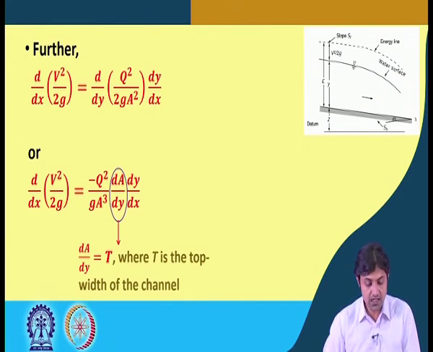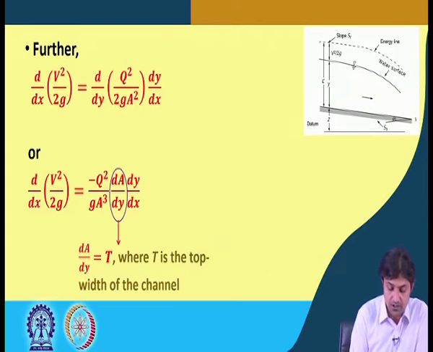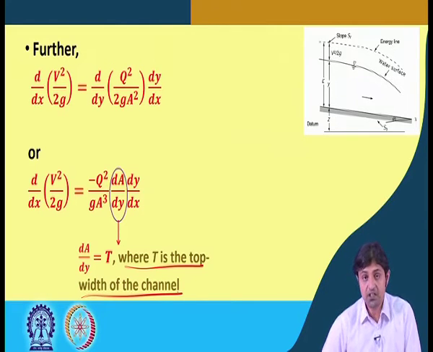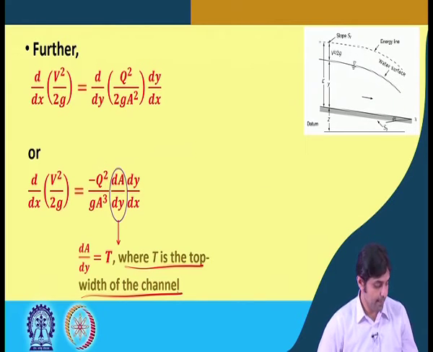So, this dA by dy, the rate of change of area with respect to the depth, is called T, where T is the top width of the channel. So, we are trying to obtain an equation in a slightly different form than what we have seen before. So, here T is the top width of the channel.